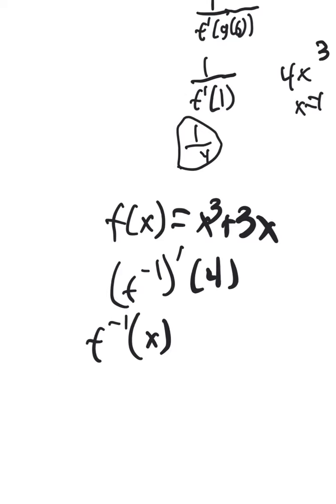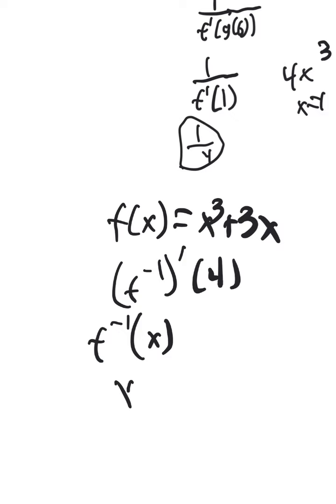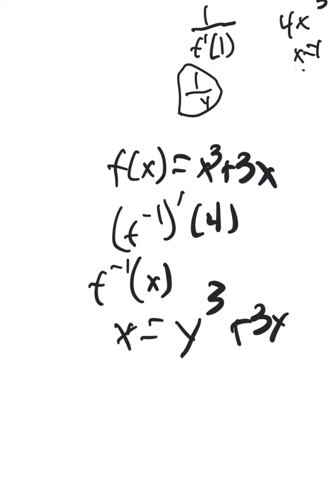So then we have x equals y cubed plus 3y. Now we want to solve for the y value, because we only have the x value as being x equals 4. We need to find the y value so we can plug that in.